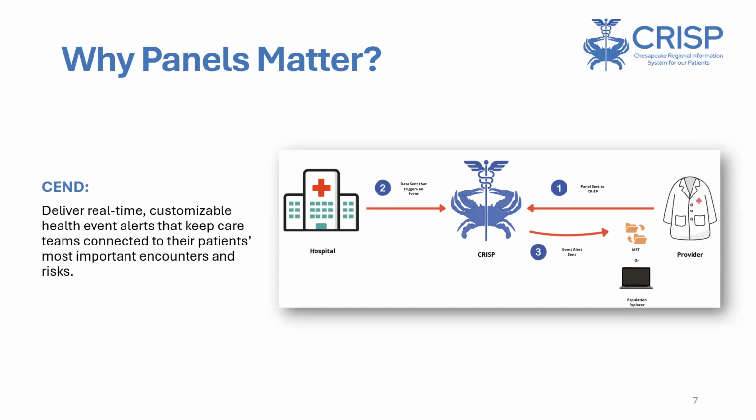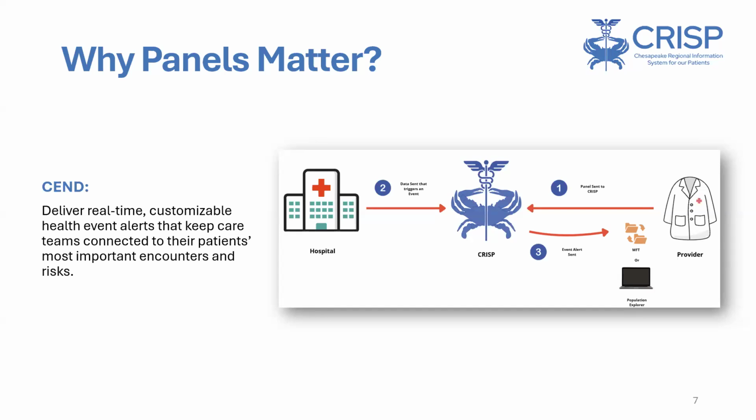Then whenever we get a data trigger from all of the other data feeds that we collect as the Health Information Exchange for Maryland, that tells us one of those patients had an encounter or a preventable service event, such as a colonoscopy, and we have those results, we can send the event alerts through our system. Folks accessing these alerts have two methods of accessing them.